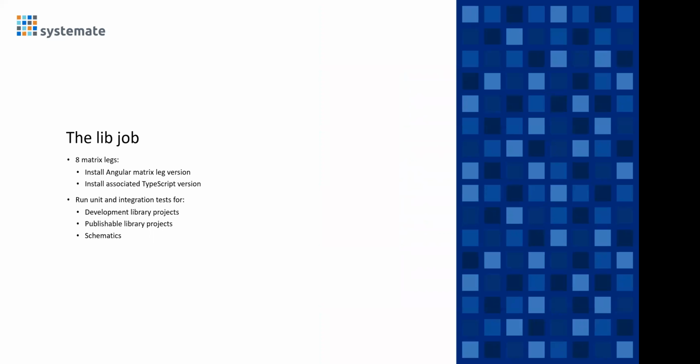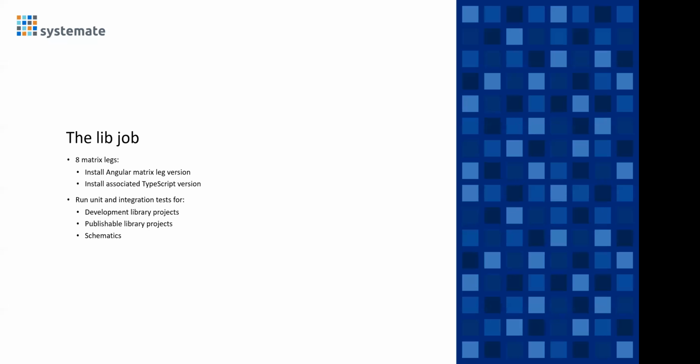What's happening in each one of those job runs is first it installs Node.js 12, then it installs the Angular version for that job, and then the TypeScript version and other dependencies that are related to Angular. And now it runs all of the unit and integration tests for our development projects. We have some testing utilities.